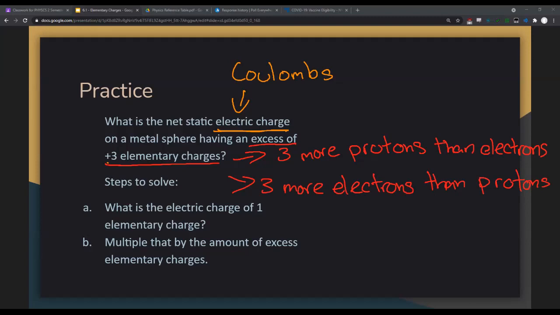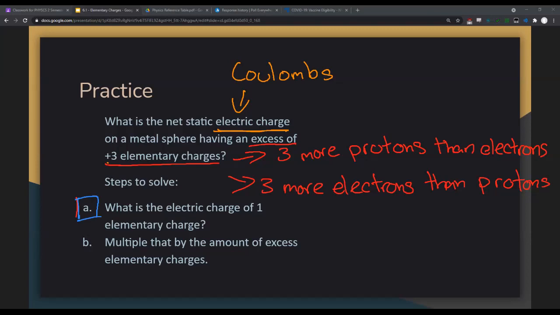Now, to solve this problem, well, what's the electric charge of 3 excess elementary charges? So what is that going to be then? Well, let's do these steps to solve. First things first, what is the electric charge of 1 elementary charge?